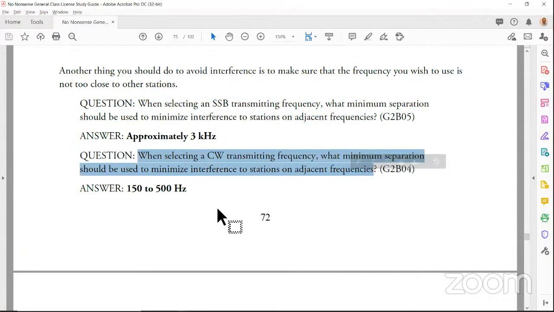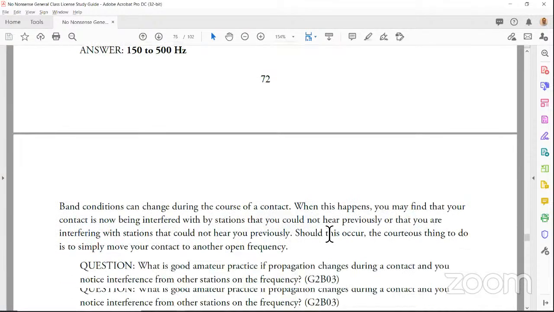When selecting a CW transmitting frequency, what minimum separation should be used to minimize interference to stations on adjacent frequencies? Similar question to the previous one. The only difference is they are now asking us about CW, or Morse code, versus SSB. We had it in the corrected slide a little while ago as well. That minimum frequency separation for CW is between 150 to 500 hertz.